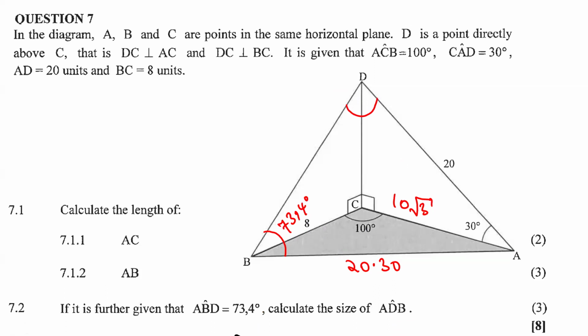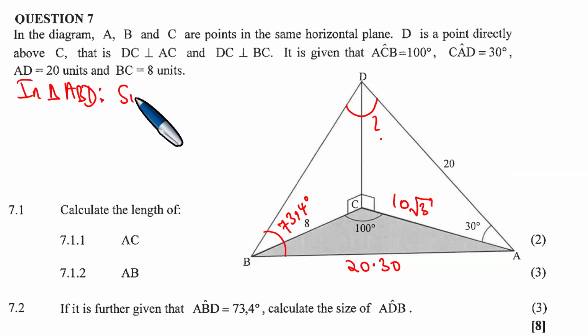To find the size of the angle ADB, we use the trigonometric sine rule in triangle ABD.